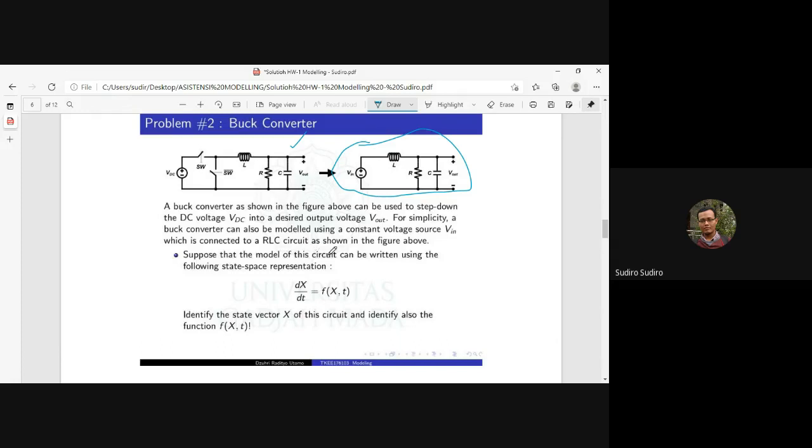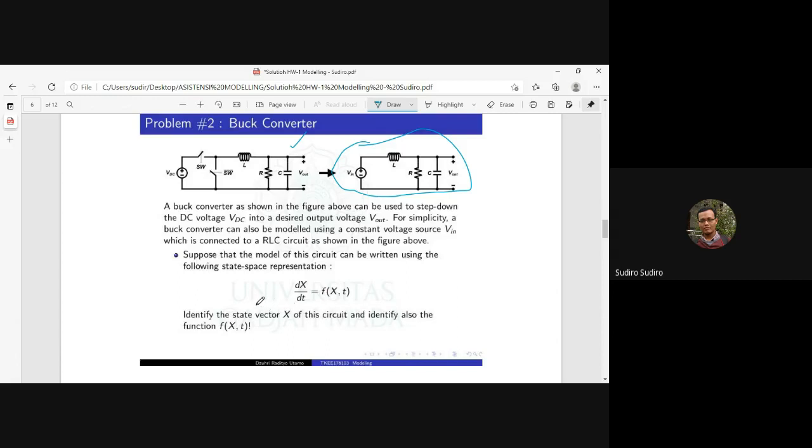Suppose that the model of this circuit can be written using the following state space representation, which is the differential of x over time is equal to a function f of x and time. Identify the state vector x of the circuit and identify also the function f(x,t).